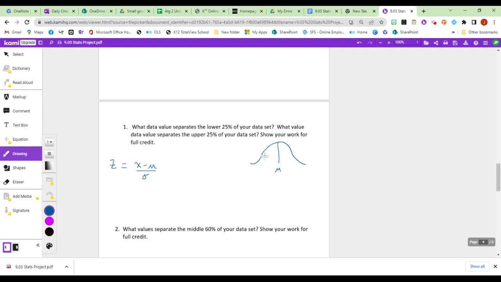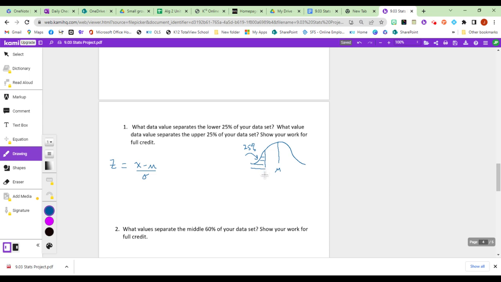So I'm just going to mark 25%. This is probably not accurate, but let's say that this section of my graph represents 25%. And it says lower, so I know it's on the left. We call that the left tail, and we call the other side the right tail, if you remember that terminology.